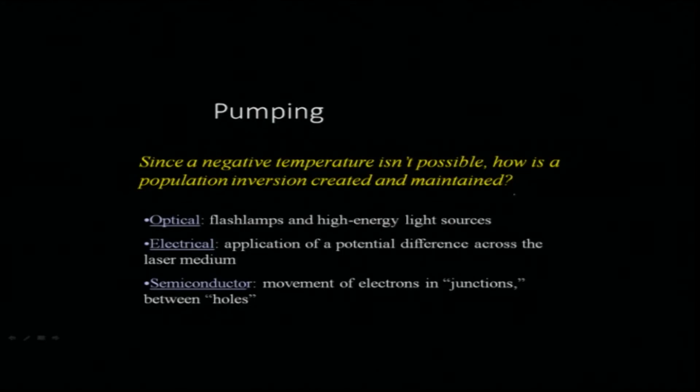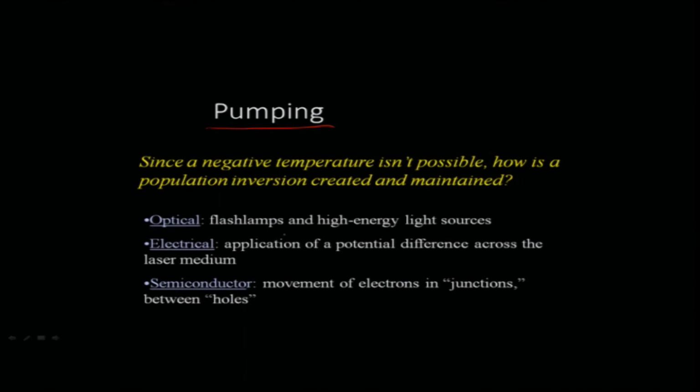So, the question which Meinman looked at was to ask that if negative temperature is not possible, how can a population inversion be created and maintained, and he looked into this idea of pumping, which is the principle of continuous process of providing energy.